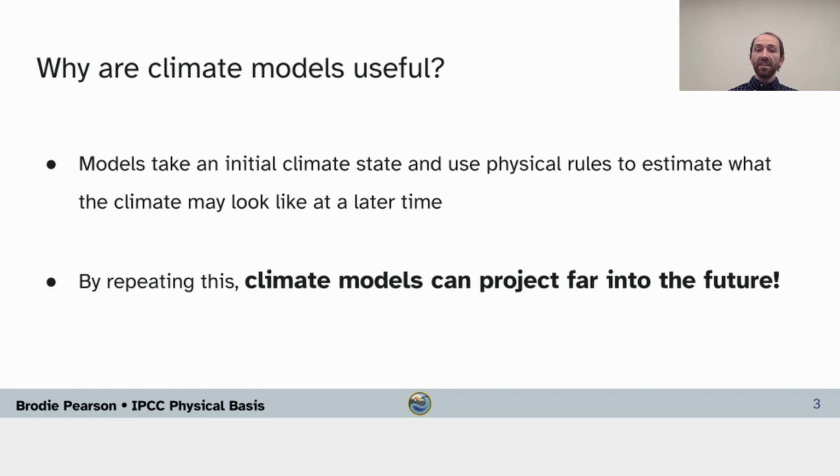And by repeating this for many time steps, these climate models can project far into the future. And for that reason, climate models, and specifically Earth system models, which are our most complex and realistic climate model, provide us a window into the future that we can't get from things like observations.